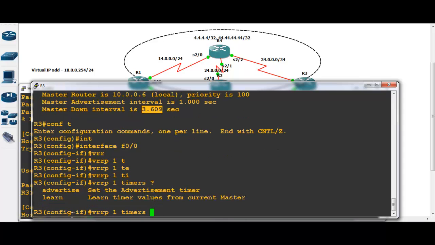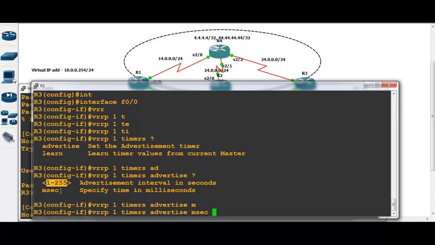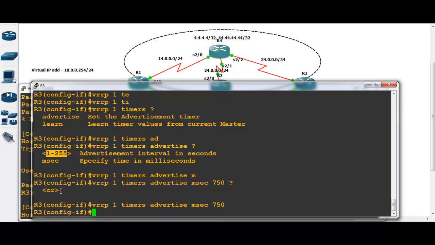Now you can give the advertised time in milliseconds if you want. By default it is 1 second. You can also give it in seconds. If I say 750 milliseconds, first I need to mention millisecond, 750 millisecond. See, you don't have an option for master downtime. So now the timer is 750 milliseconds. Every 750 milliseconds this is sending the hello.